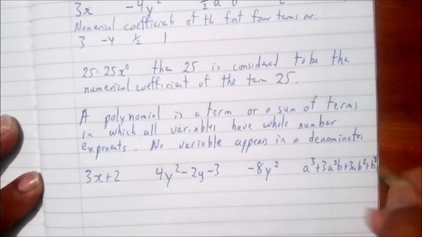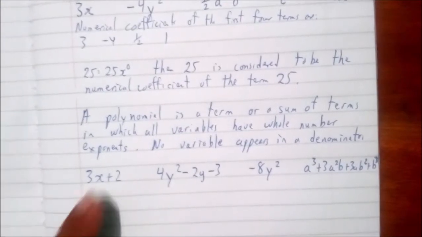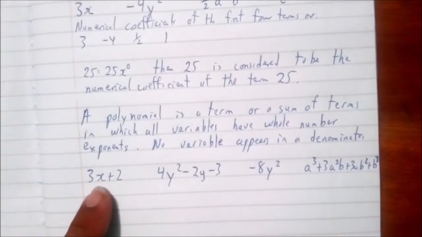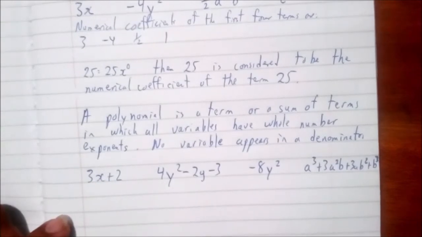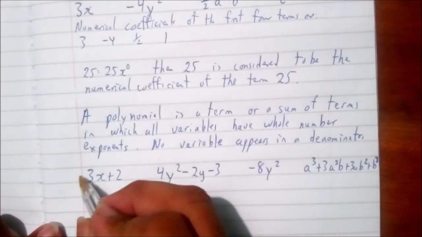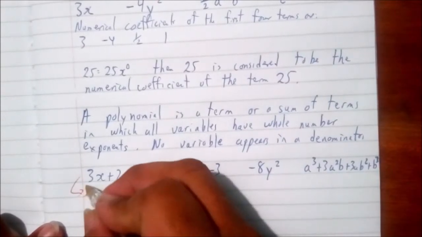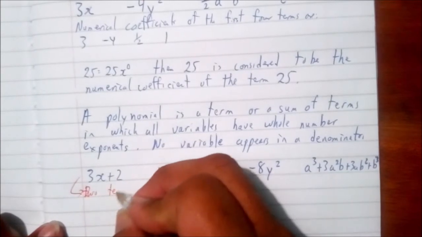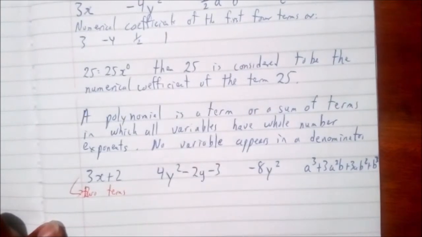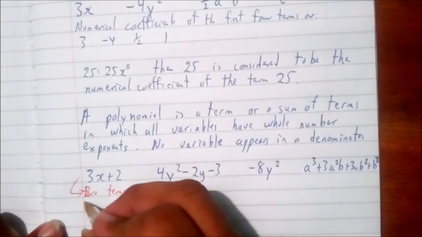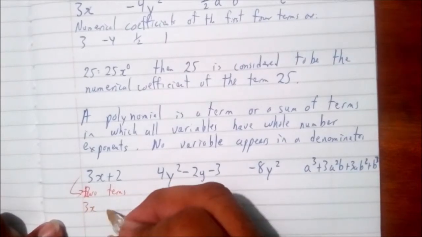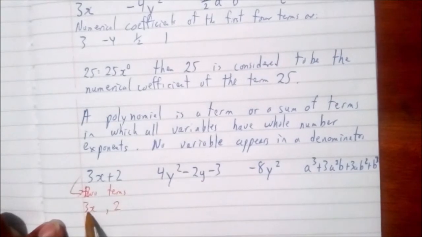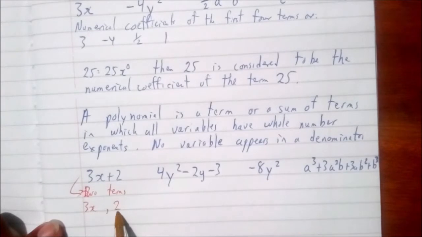Okay, so 3x plus 2 has two terms. What are they? The first term is 3x and the second term is 2. We say it is a polynomial in one variable because there is only one variable, x.